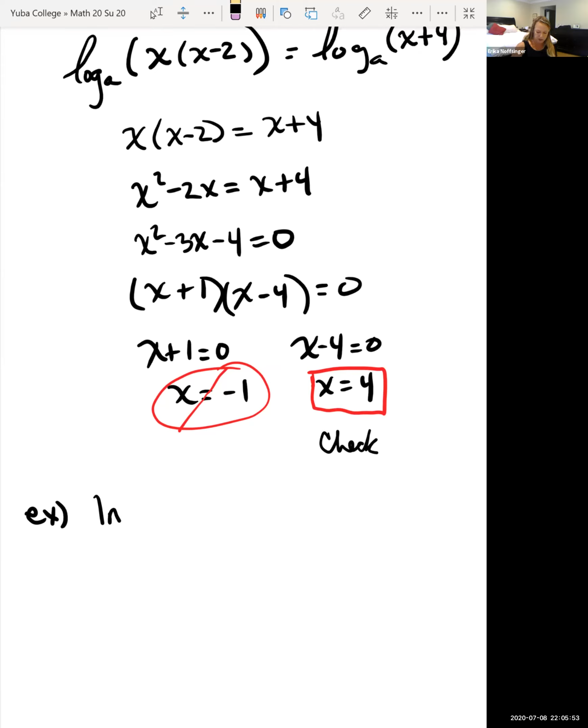So we have natural log x minus 3 square root of ln of x plus 2 equals 0.